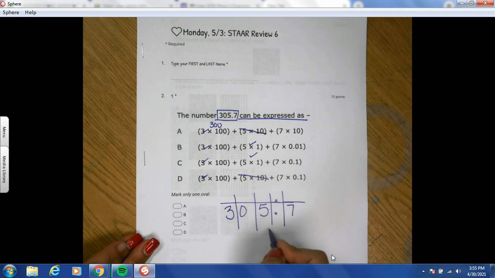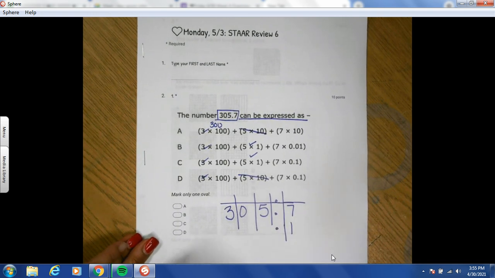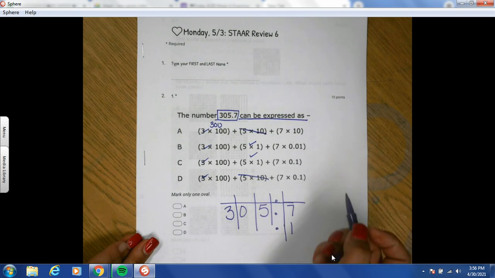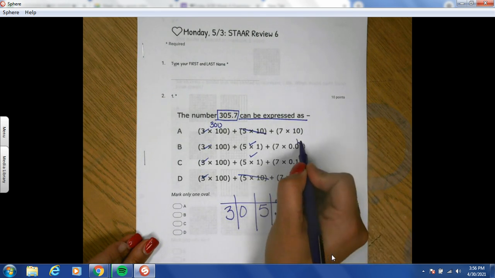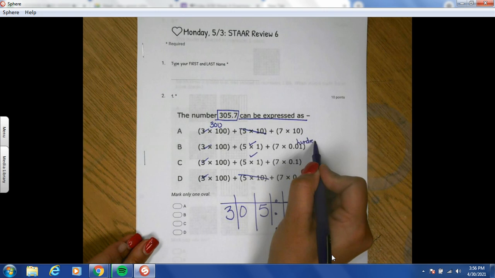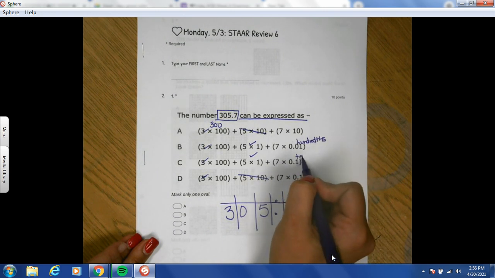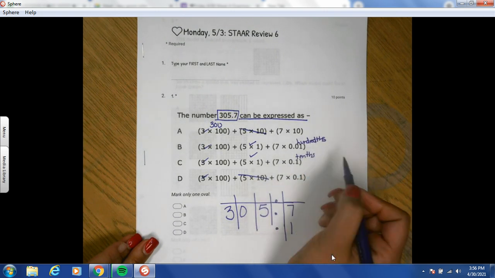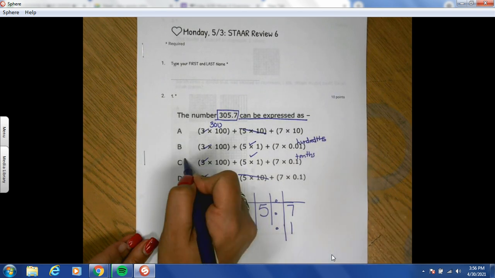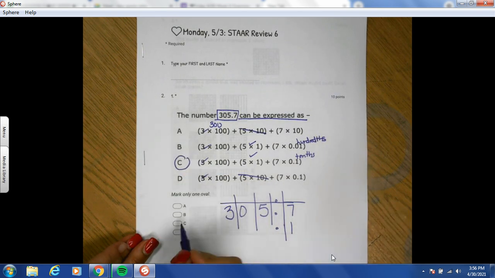Remember, when we write this in decimal form, the decimal and then the 7. So this is to the hundreds, and then this one is to the tenths. So my answer is going to be letter C.